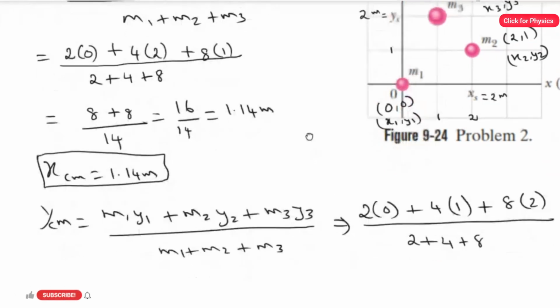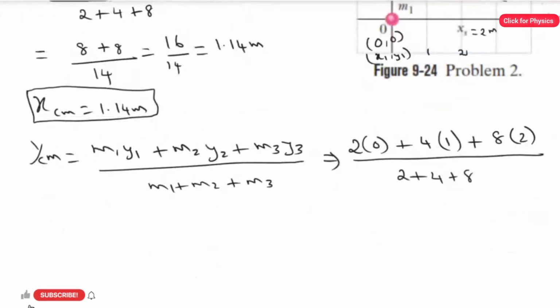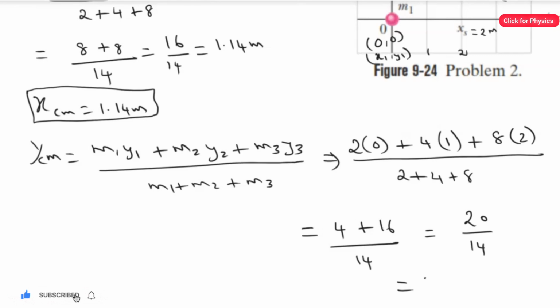Now we simplify. 2 multiplied by 0 is 0, 4 multiplied by 1 is 4, plus 8 multiplied by 2 is 16, divided by 14, since 2 plus 4 plus 8 is 14. So we got 20 divided by 14, which is 1.43 meters. That is our value of y center of mass.